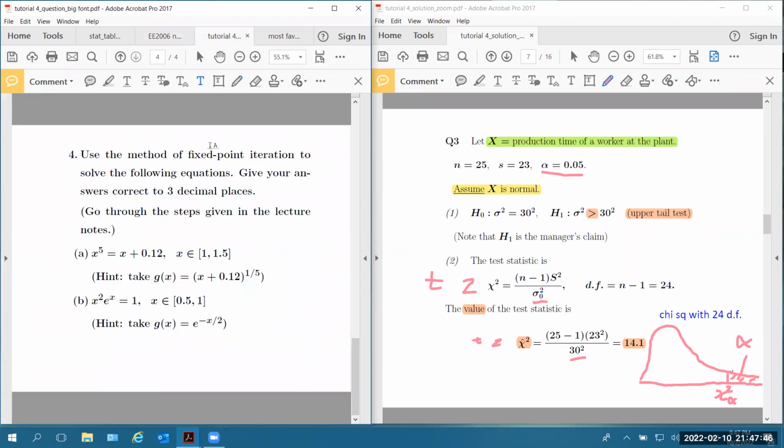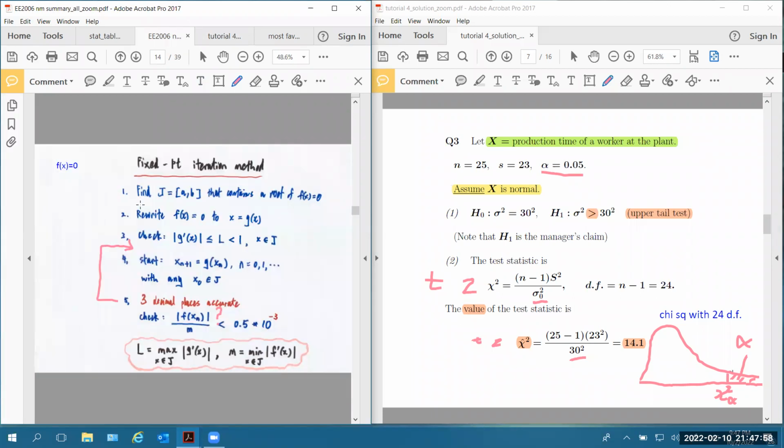Use the method of fixed point iteration to solve these equations. Give your answers correct to 3 decimal places. That's why you see here, this stopping criteria is really 10 to the power minus 3.